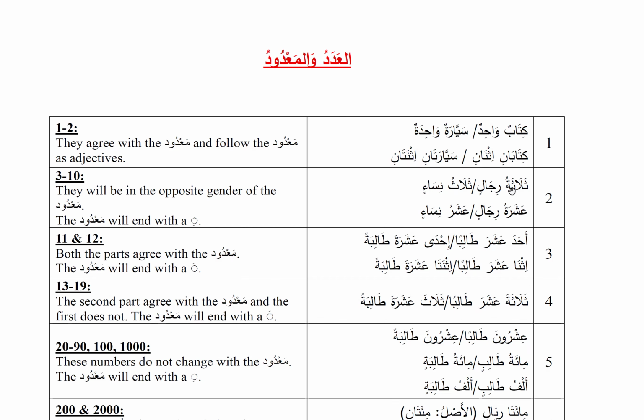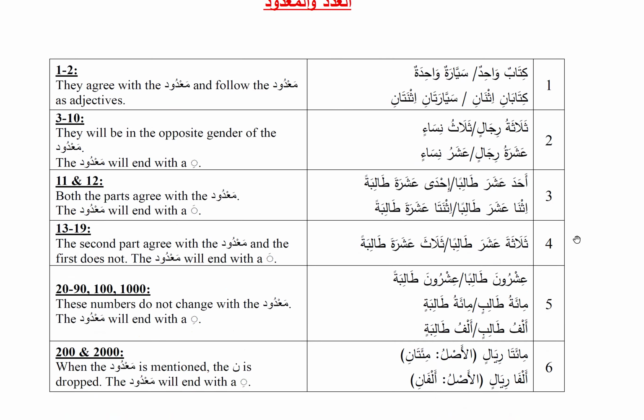Look at this ma'dud, rijalin, nisa'in, rijal, like that. So it will end with a kasra because it is a mudaf ilayhi construction. So here, this is like an adjective, so it will end in the same vowel as the noun. If this was kitaban, this will be wahidan. If this is kitabin, then it is wahidin, likewise.